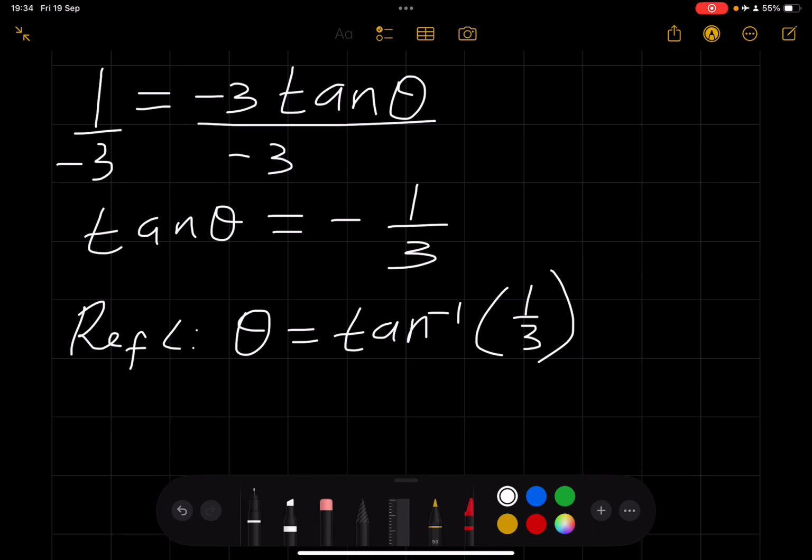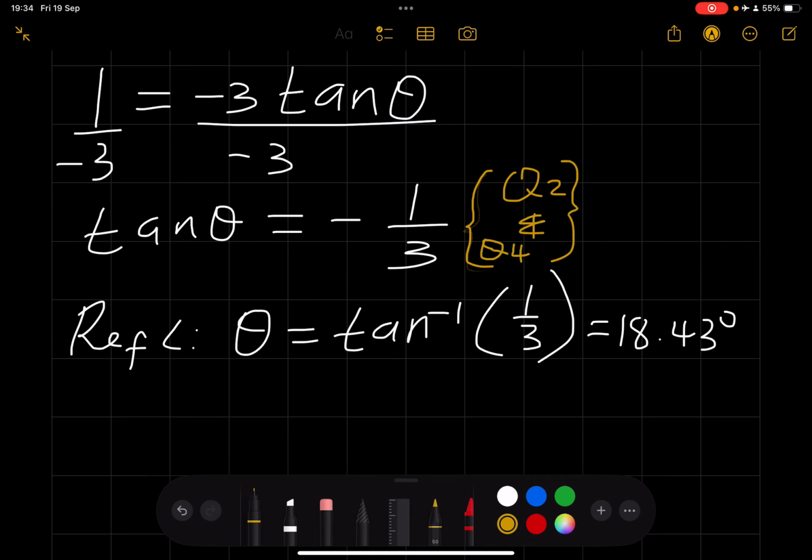And that becomes 18.43 degrees. And you can agree, ladies and gents, that from here, I'm in quadrant 2 and 4 because that's where tan is negative.